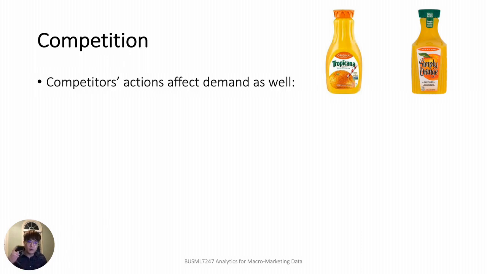When we drop Tropicana price by $1, its demand definitely increases. But what if Simply Orange also drops its price by $1 when we drop? Still, we expect some increase in demand, but definitely less than our expectation with Tropicana discount only.